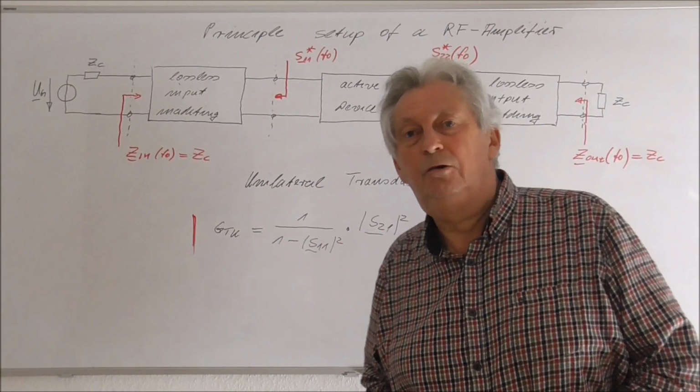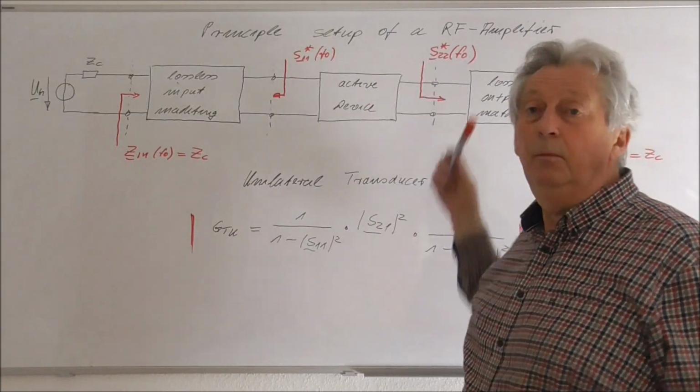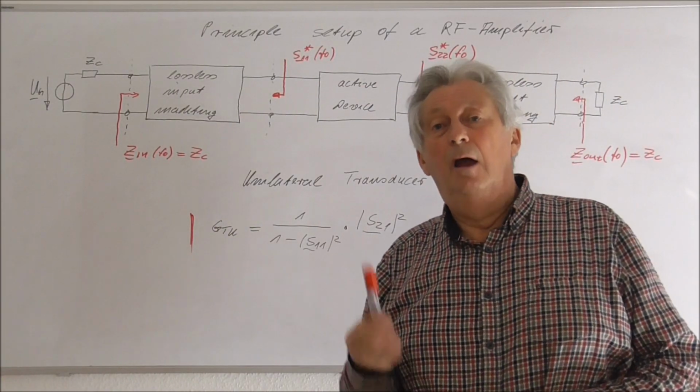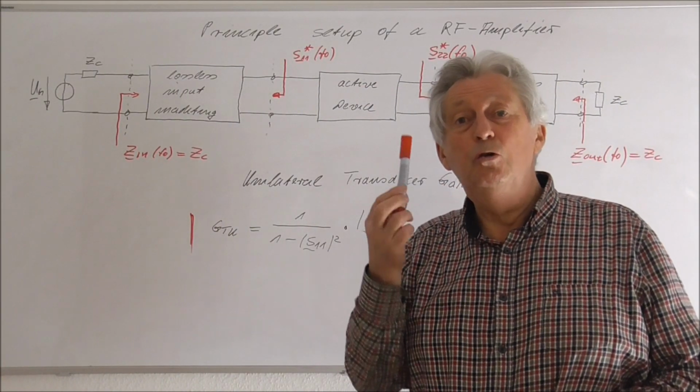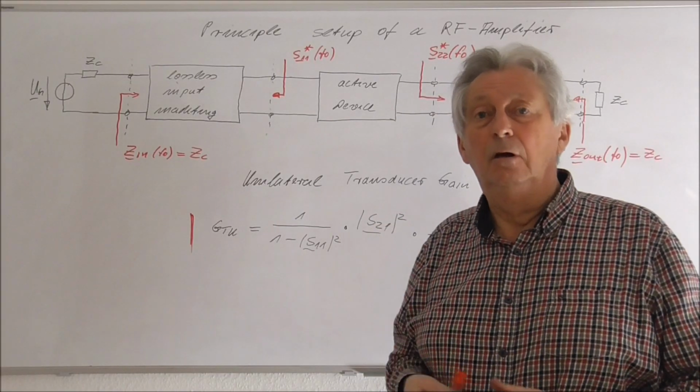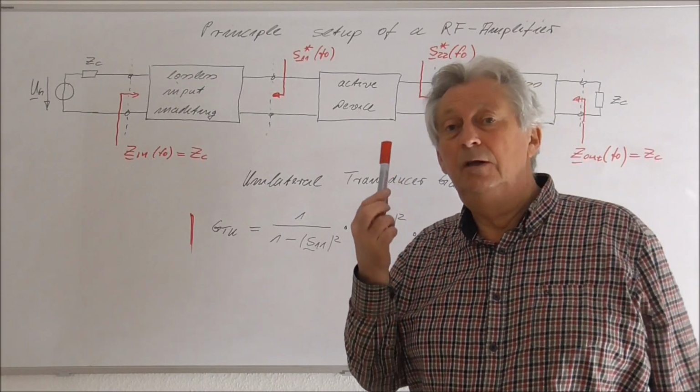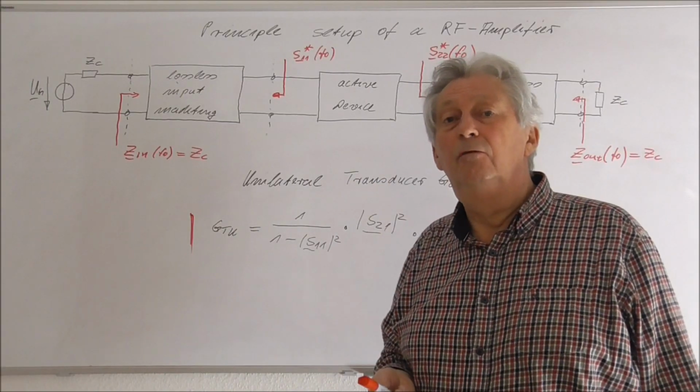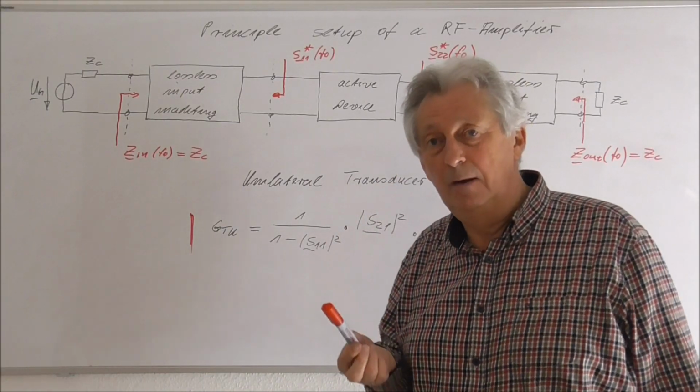Now we are ready to discuss the principal setup of an RF amplifier as it results from a unilateral transistor. A unilateral transistor means that it has no internal feedback and that it's absolutely stable.